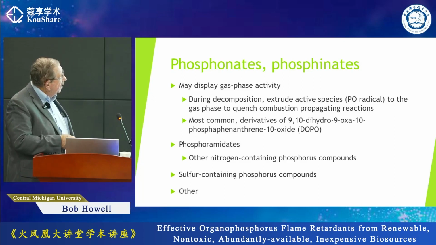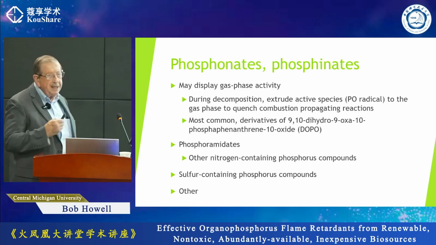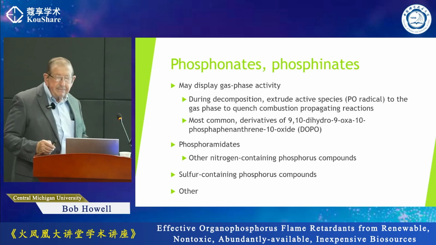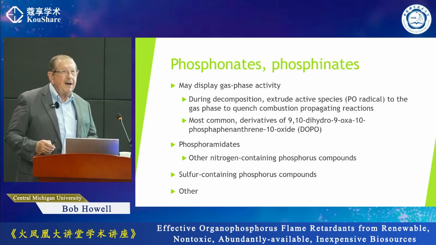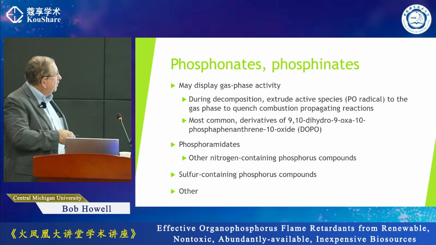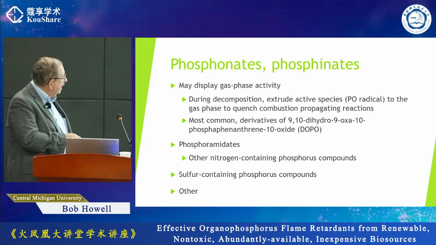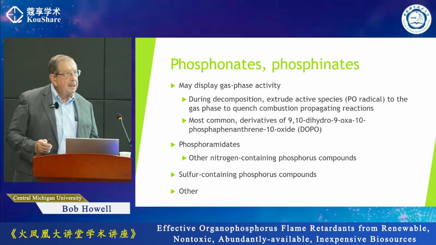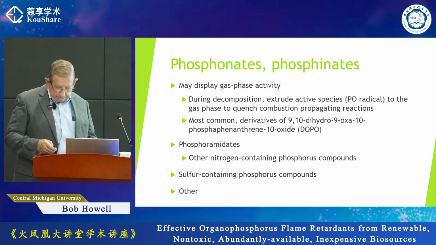The most common compound is DOPO, as you all know. And there's a great variety of compounds now which contain DOPO. There are other things, the phosphoramidates and some sulfur-containing compounds, but they're of much lesser impact.